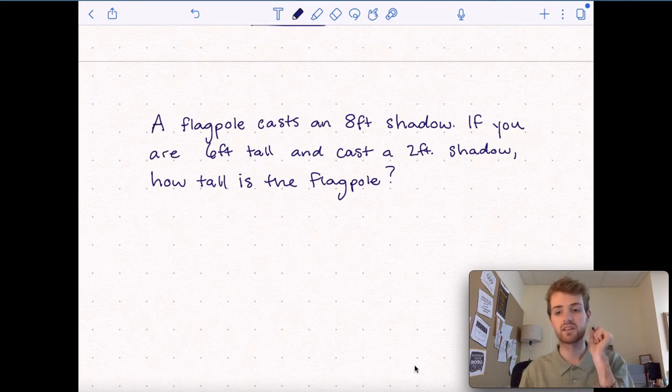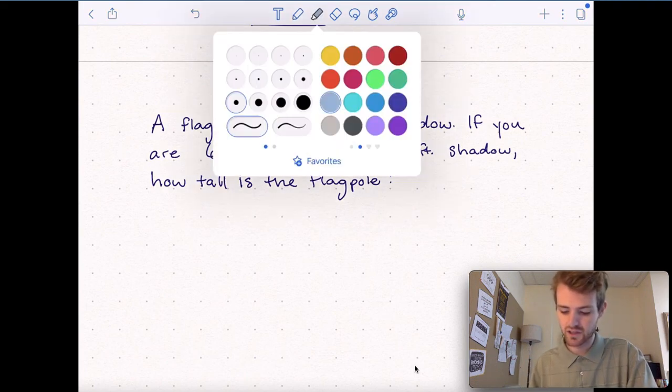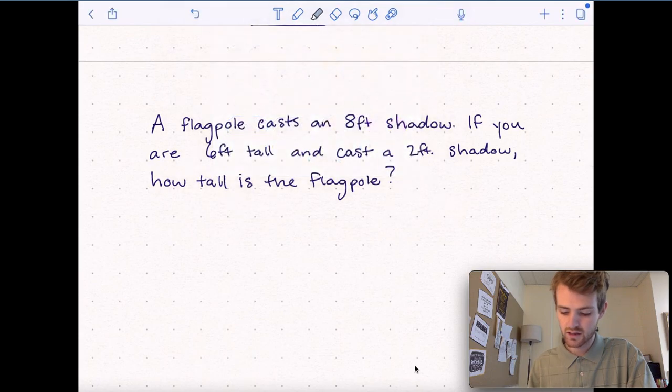When we read something like this, our goal is going to be to put this into a proportion. Let me go ahead and highlight some important information. I see we're talking about an 8-foot shadow here. I see we're 6 feet tall and cast a 2-foot shadow.